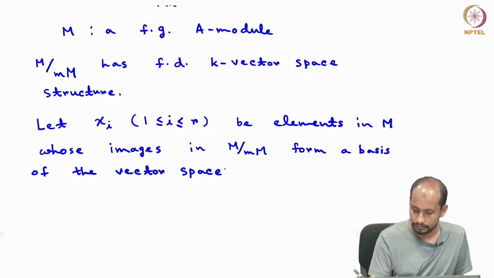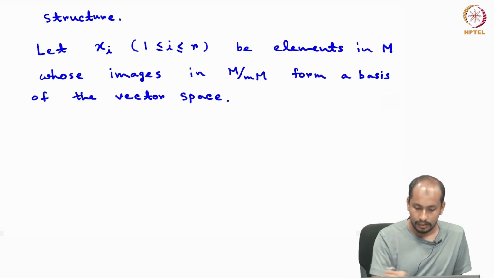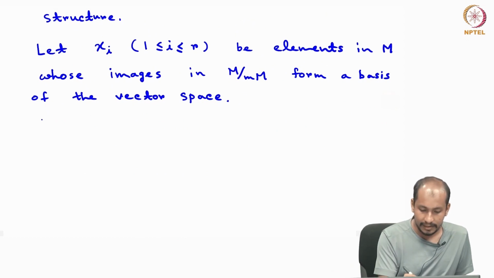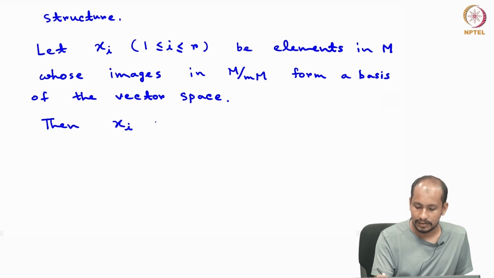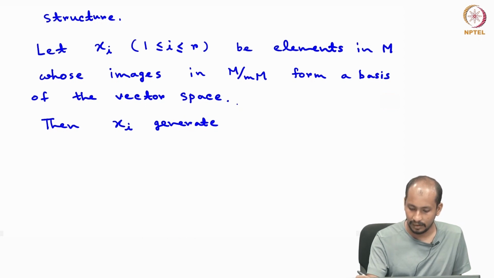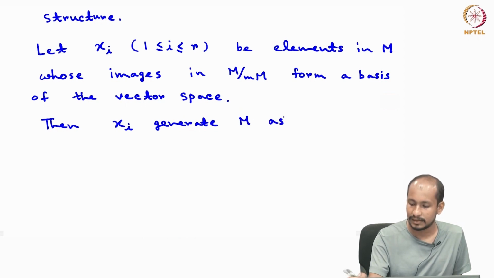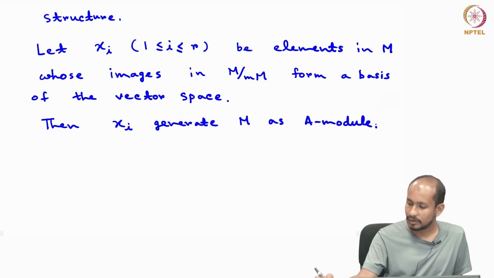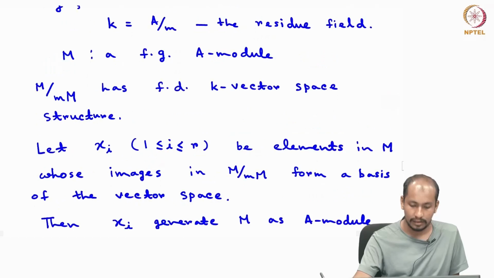Then the x_i generate M as a module. So this is the statement of the corollary. Okay.